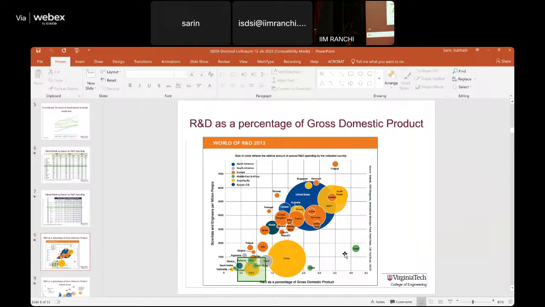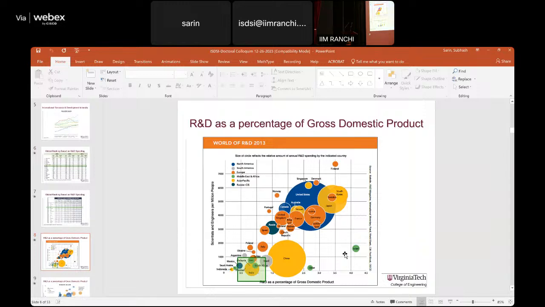The size of the circle indicates the amount of money spent on research and development. And the location depends on the research intensity versus the number of scientists and engineers in millions. So if you look at the top right corner, Finland is way up there. Even though their amount of money spent on R&D is very small, on these two metrics, they are pretty high.